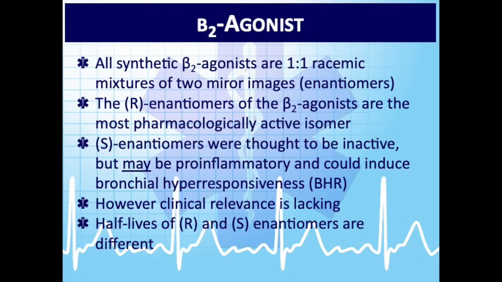So if you look at albuterol's molecular structure, you would see one image of albuterol, and you'd see another mirror image of albuterol itself. When they did research on albuterol, they found out that it's not both mirror images that cause the bronchial dilation and actually hit on the beta 2 receptors. It's just one of the mirror images that hits more on that receptor.